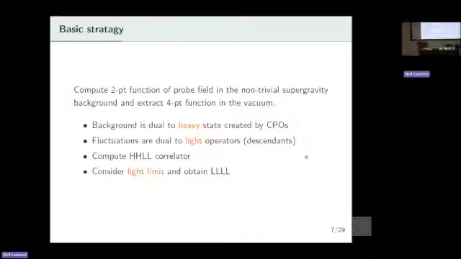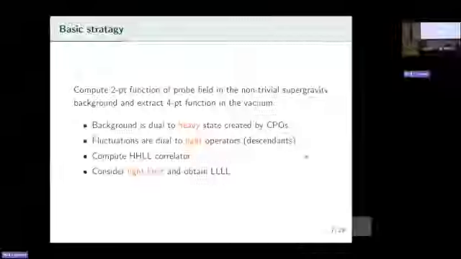This heavy state will be created in general by heavy multi-trace operators. The fluctuations will be dual to the light operator, which will be the descendant of the chiral primaries.